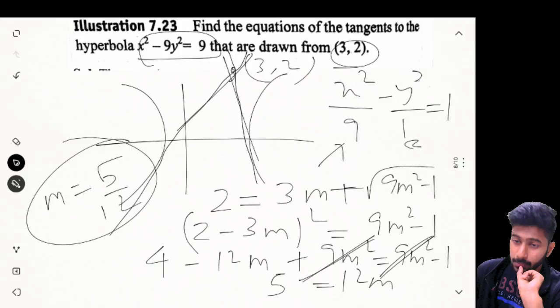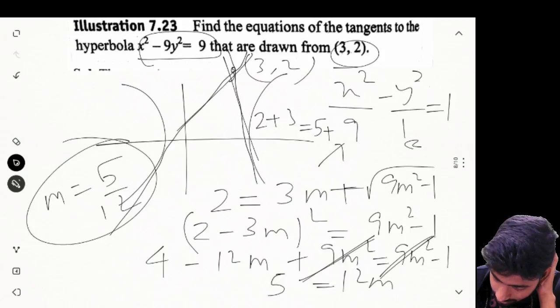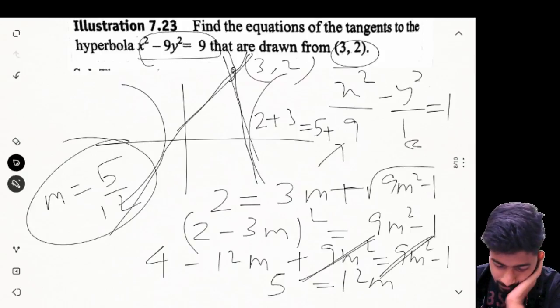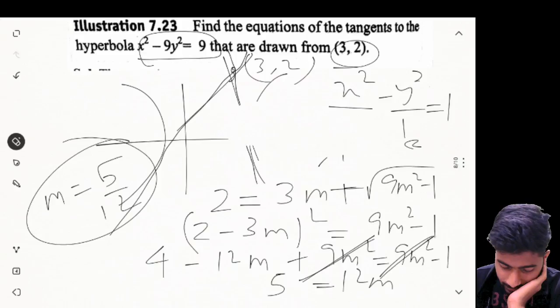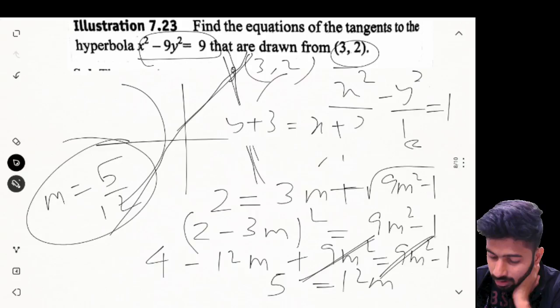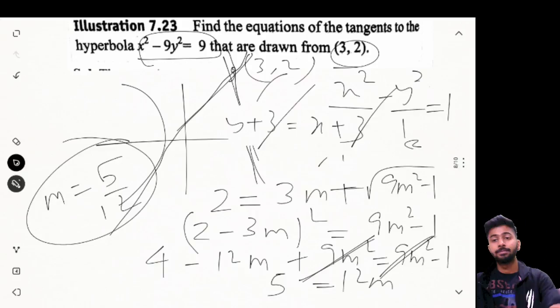So remember, if I have some x plus 3 is equal to y plus 3, I can cancel the 3's because I know these 3's are finite, right?